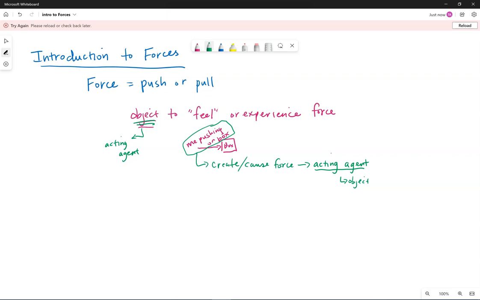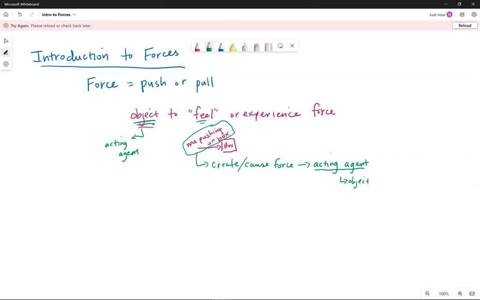That's what we mean. As I push on the box, it also is exerting a force on me, and I feel that, just like the box is experiencing the force that I'm applying. That's one reason I call this feeling the force, even though a box technically can't feel it, of course, but just to describe kind of what's going on between the two, object versus acting agent.